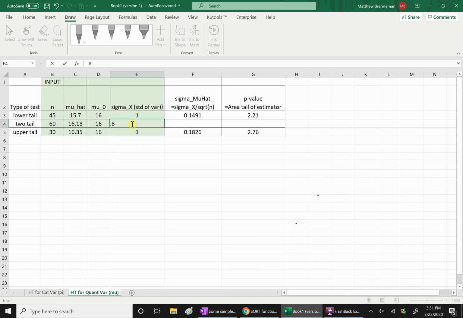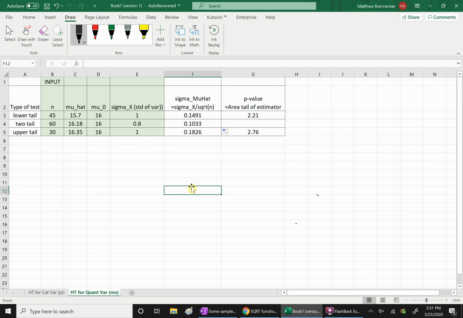This was our standard deviation of the loaves of bread in our sample, and we can easily figure out the standard deviation of the sample estimates if the null hypothesis is true.